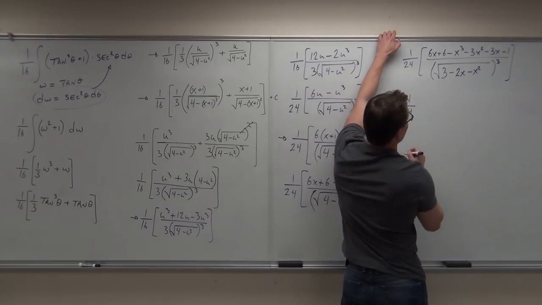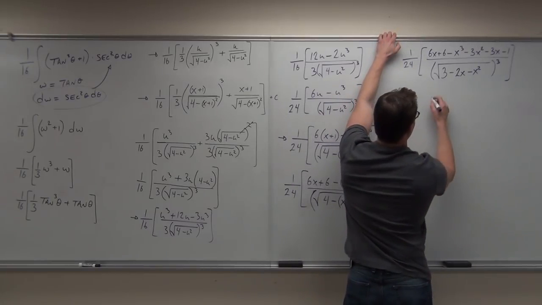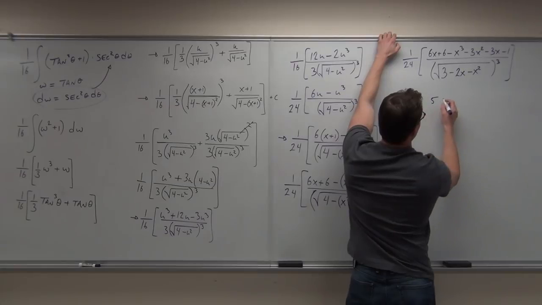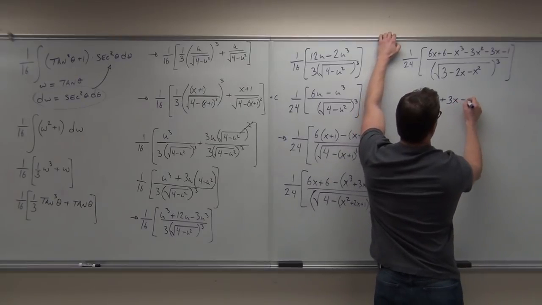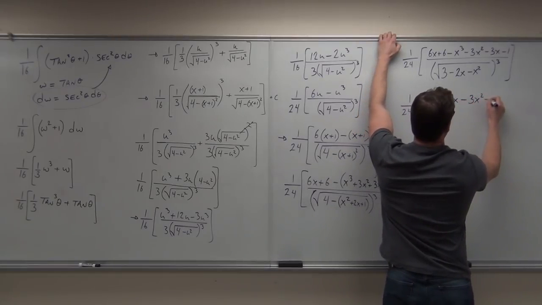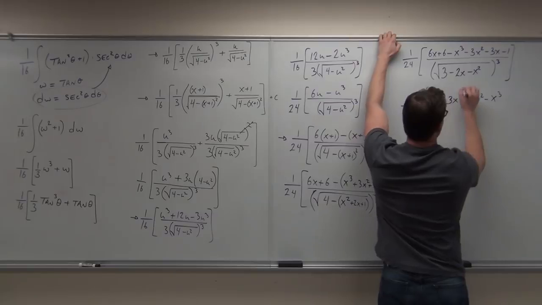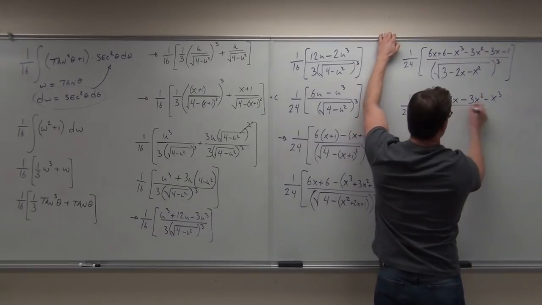So let's see here, we've got a 5, we've got plus 3x, we've got a minus 3x squared, and a minus x cubed. Can you double check my combined like terms for me, please?